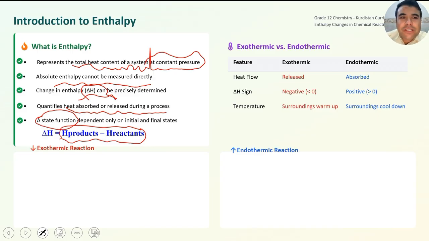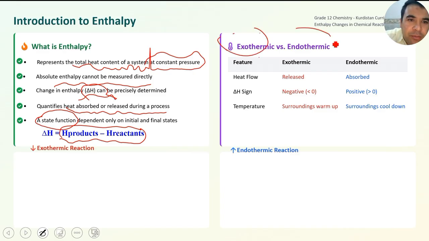For the reactions, guys, we have two types in terms of releasing or absorbing heat: the exothermic and the endothermic reactions. What are the differences between endo and exo? The main difference is the direction of the energy, guys.